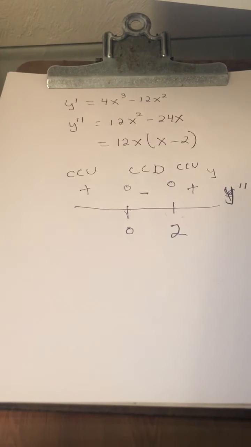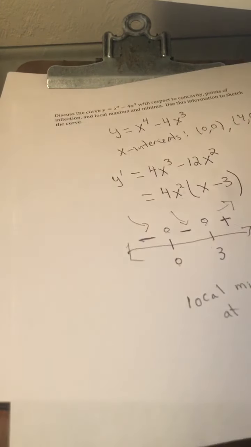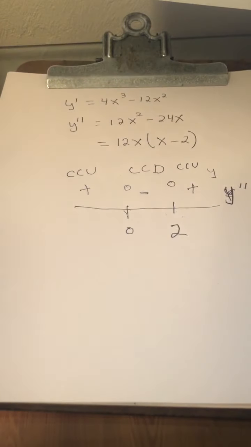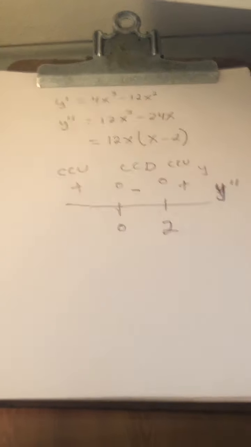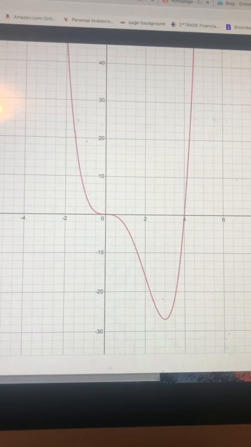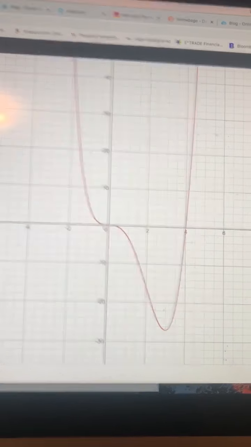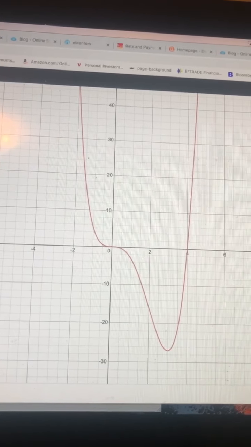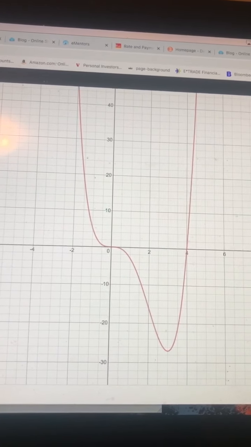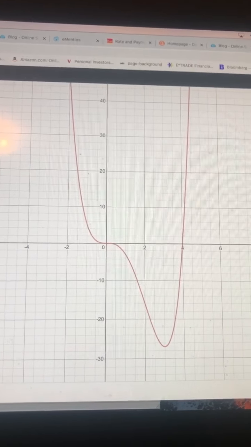So what you can do is just sketch it using all of this information. We have everything we need. You could check it using Desmos. If you use Desmos, this is the picture that we get. You see that at 0, the function does not change from decreasing to increasing or anything like that.